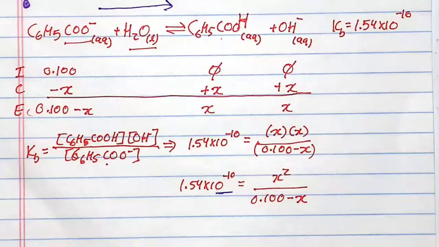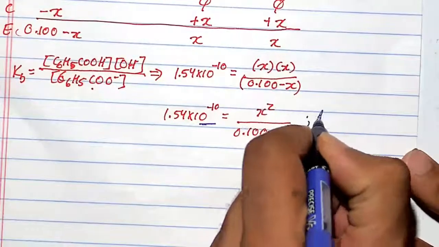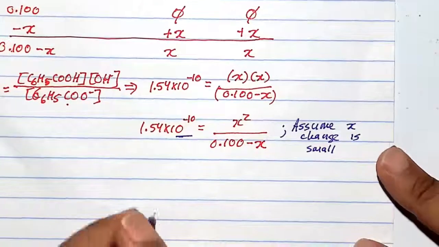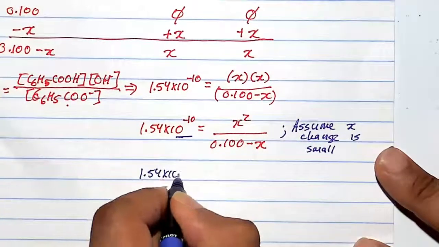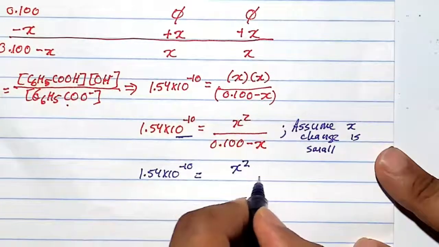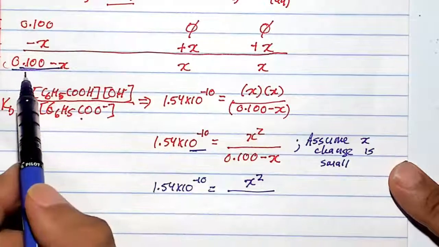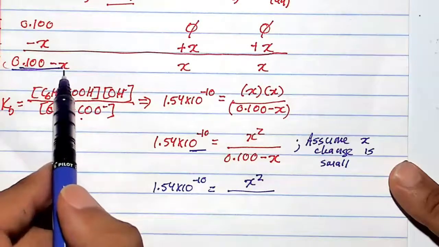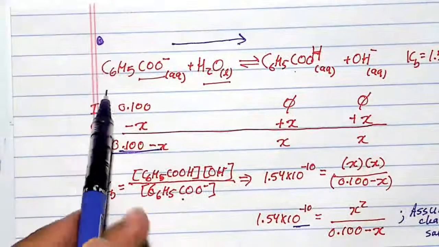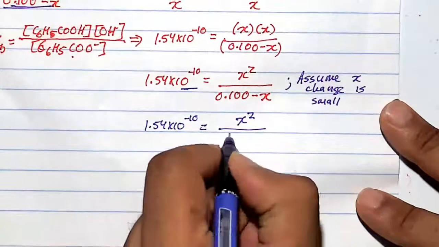But I will use my assumption, though I still need a value for x to solve for. It's going to be 1.54 times 10 to the minus 10. The square will stay the same, but this minus x is going to be so small that really I'm still left with 0.100 of my benzoate, the conjugate base.